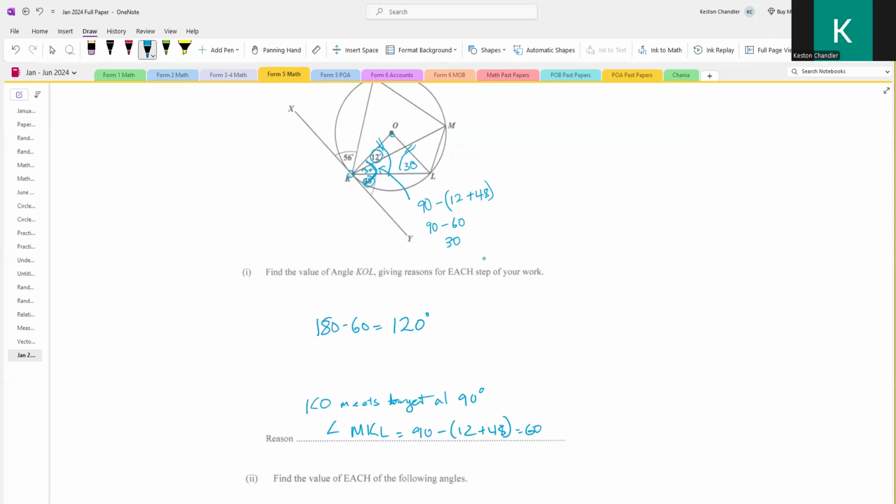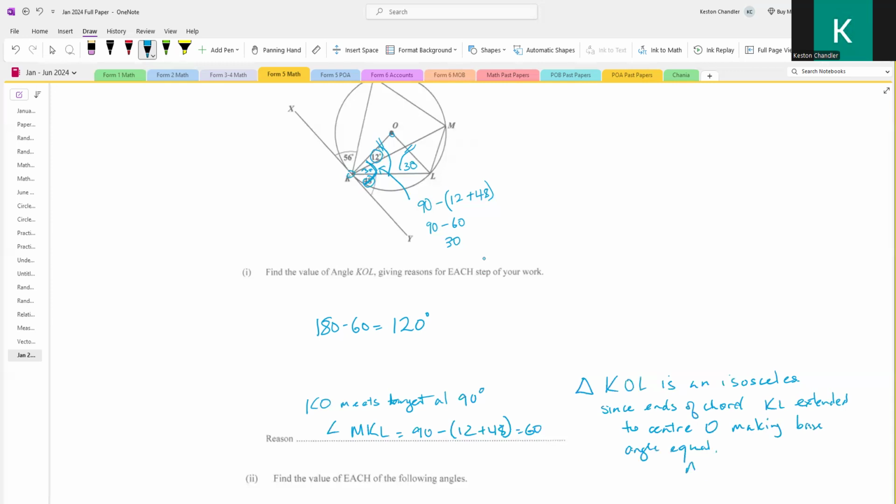Then we have triangle KOL is an isosceles, since the ends of chord KL extended to center O make these angles equal.